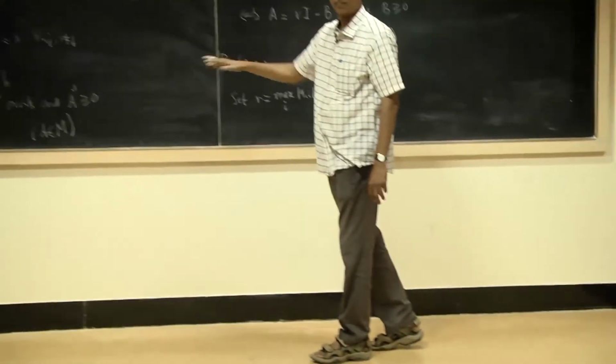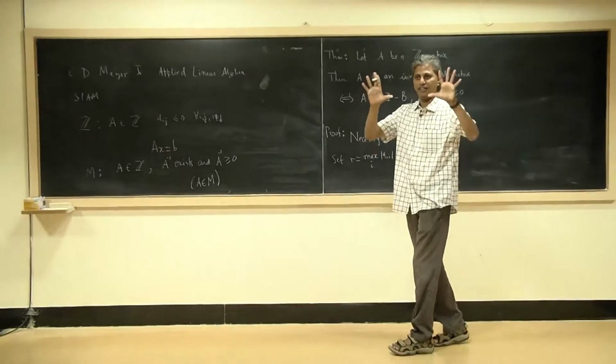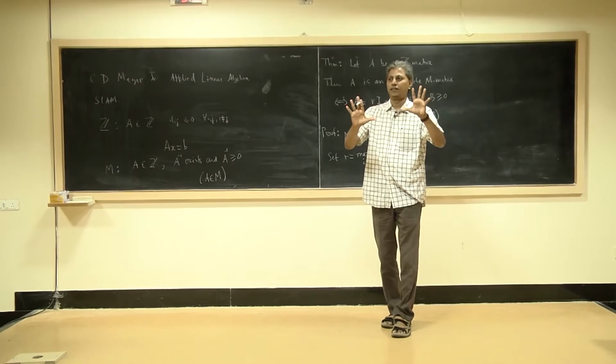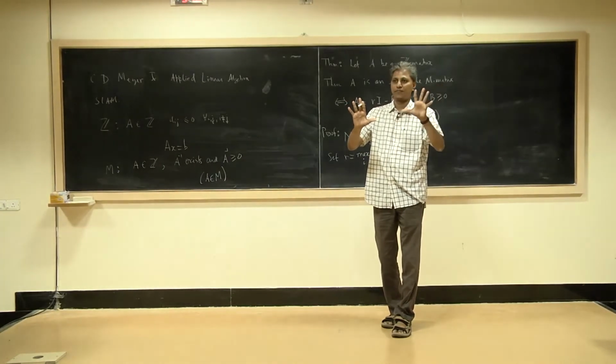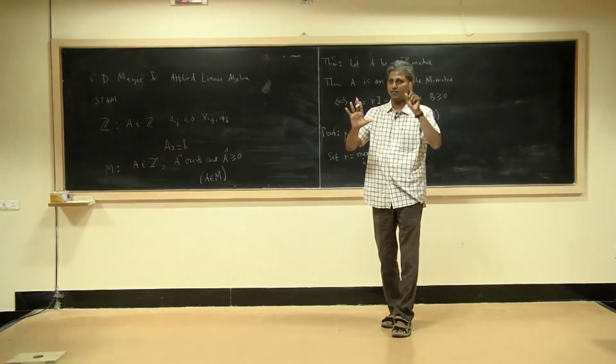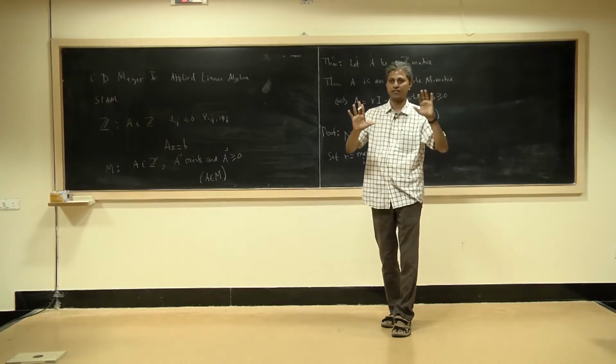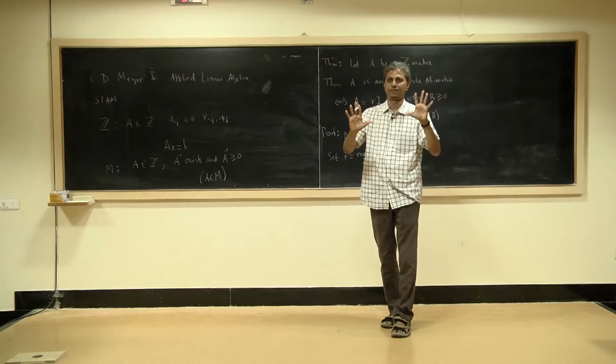What you know is that A is an invertible M matrix, so all the entries of A inverse are non-negative. Look at the first row of A. Leave the first entry, the 1-1 diagonal entry, for the moment. Look at the other entries. They are all non-positive.